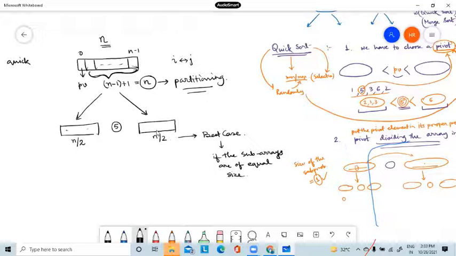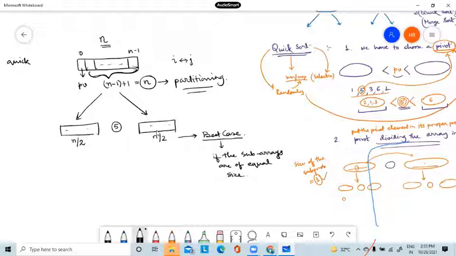If these two sub-problems are of equal size, then we can say that this is the best case. Now see, the best case scenario changes with each and every algorithm. For bubble sort, best case is a different thing. For selection sort, we have seen best case is a different thing. Now in quick sort, again, best case is a different thing.